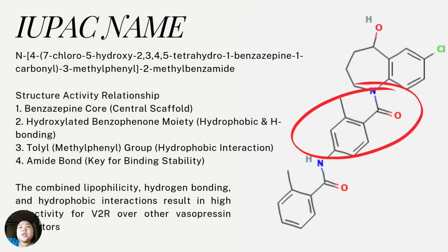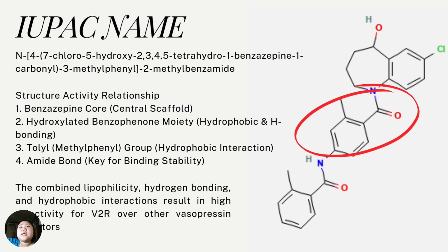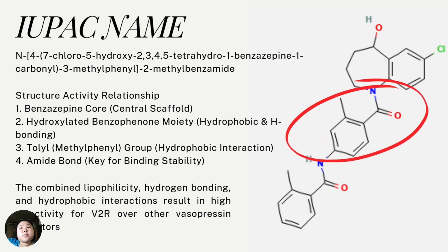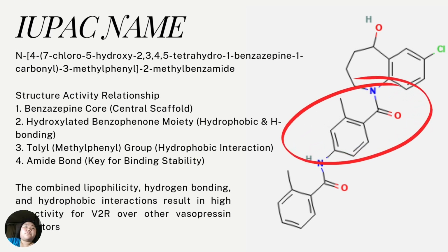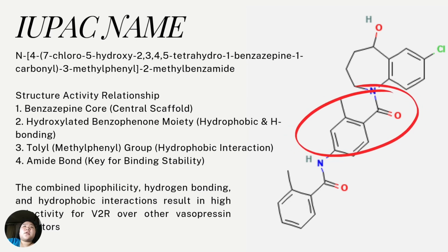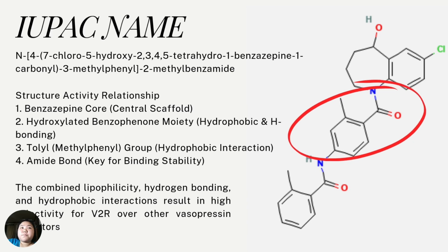The hydroxyl, or OH group, at the para position contributes to hydrogen bonding, improving binding affinity. Again, this is very important for us to bind to the correct receptor.